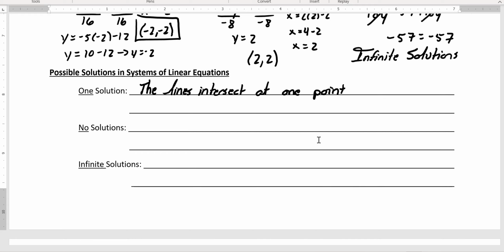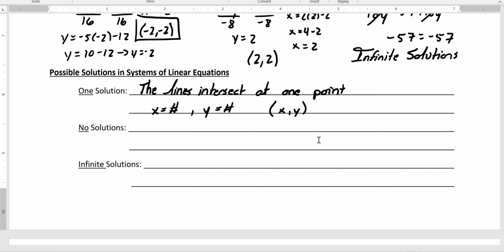Now, algebraically, what that means is you're going to get x equals a number and y equals a number. And of course, we'd write it as the coordinate pair (x, y). That's the one point where both of those lines intersect.